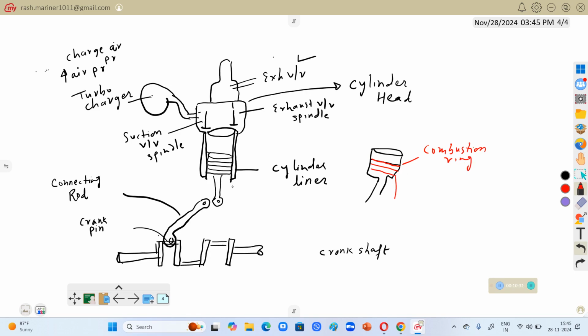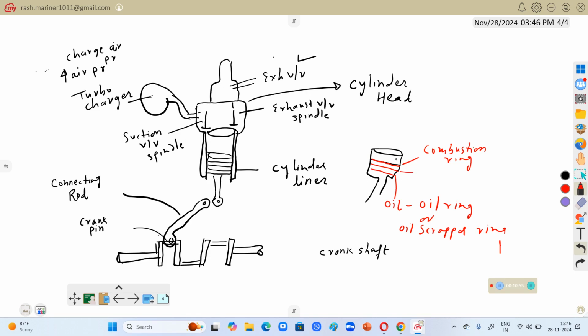The bottommost part is exposed to the oil, so it is also called the oil ring or oil scraper ring.